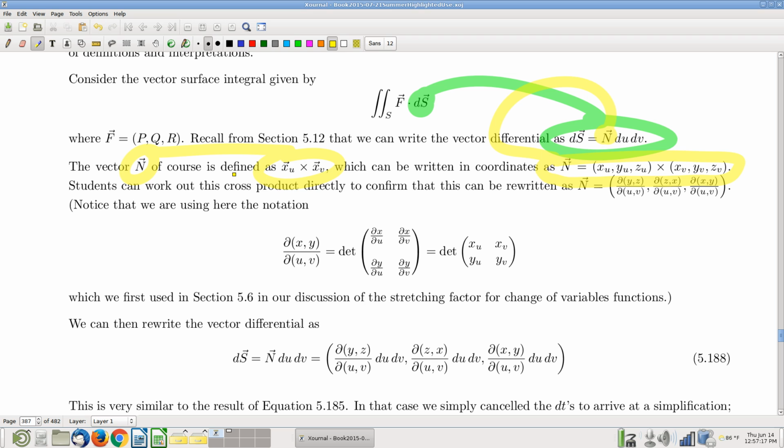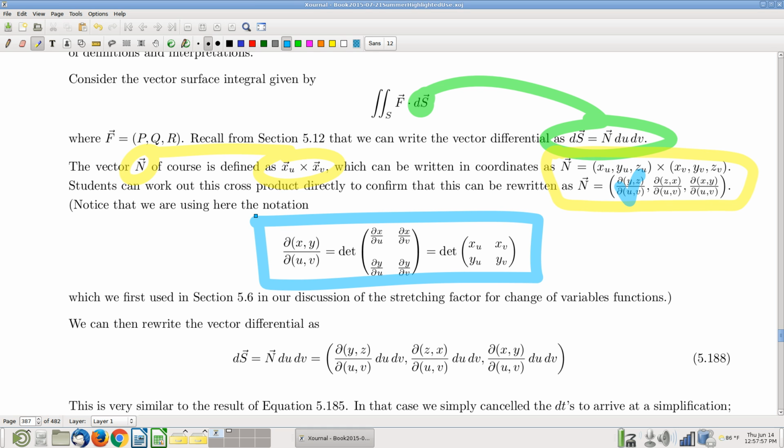And then, of course, you actually execute the partials, you execute the cross product in individual examples, and you work stuff out. So I'm just pointing out here that just like we did in the case of line integrals, we could expand that out here. Here's what it looks like one coordinate at a time. Take the u partials of the parameterization. Here's the v partial. And you can crank out that cross product. When you crank out that cross product, you're going to get three components, each of which, recall how cross product works, each of which is a little 2x2 determinant, which we can denote using this notation.